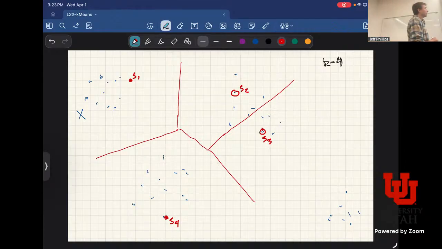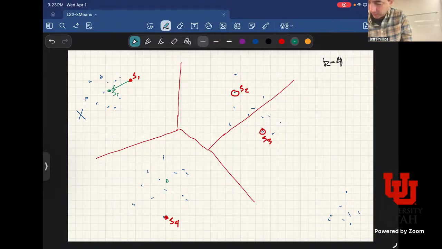It probably partitions the space up in this way. I picked one that's a little bit too easy, but this one will probably converge very quickly. Everything in this cluster is assigned to S1, and there's nothing else. So I'm going to end up picking the mean point here as my updated S1. I'm going to move it to here when I reassign the mean.